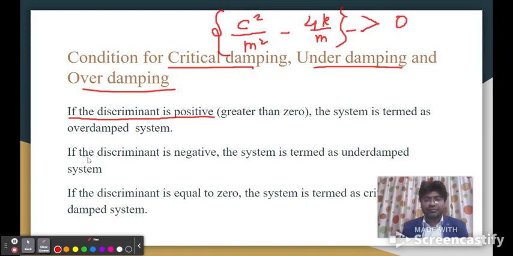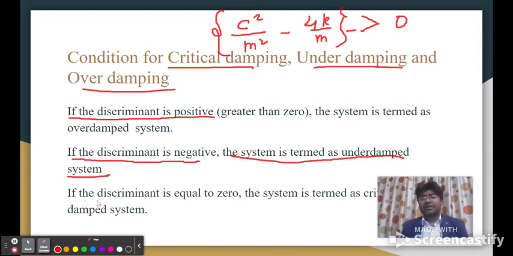If the discriminant is negative, the system is termed an underdamped system. The roots are complex conjugates, corresponding to oscillatory motion with an exponential decay in amplitude.